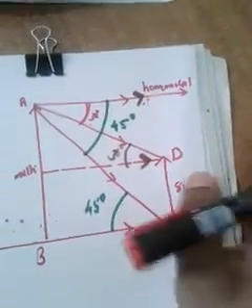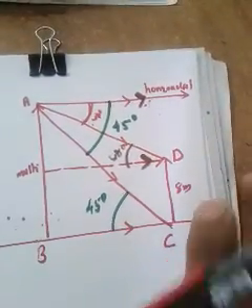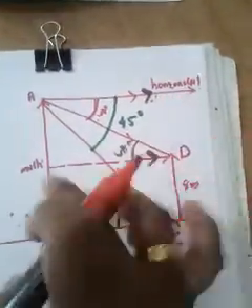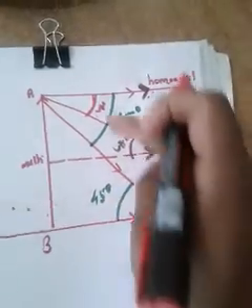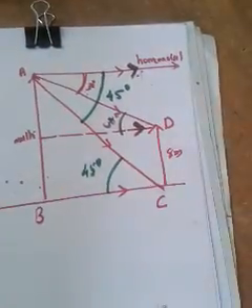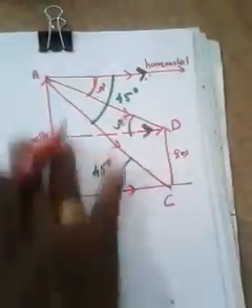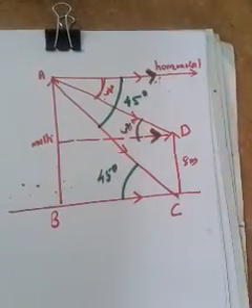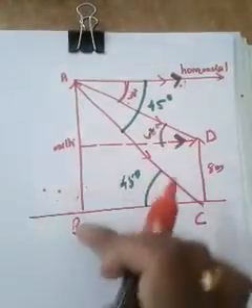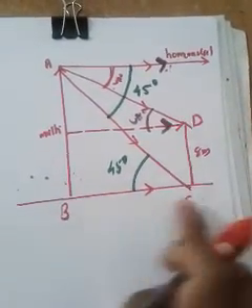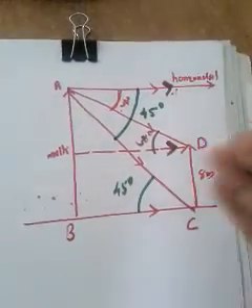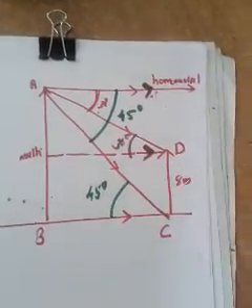Okay, that is enough. No need to write anything about the parallel lines, transversal, and how these two angles are equal. No need to write all those things, because everything is clear in the figure. The only things you have to write are: AB represents the height of the multi-storied building, DC represents the height of the small building, BC represents the distance between both buildings, and 30 degree and 45 degree are the angles of depression according to the question.